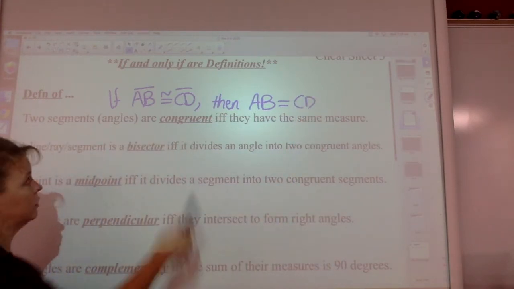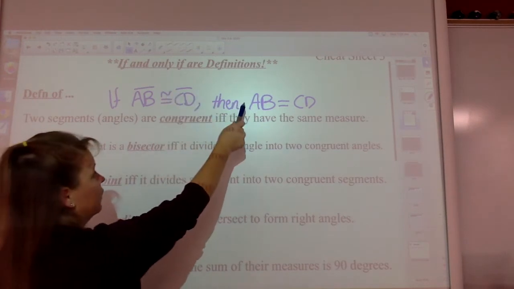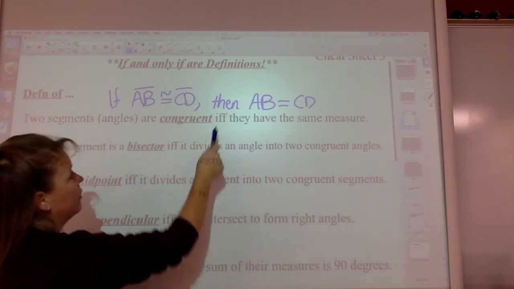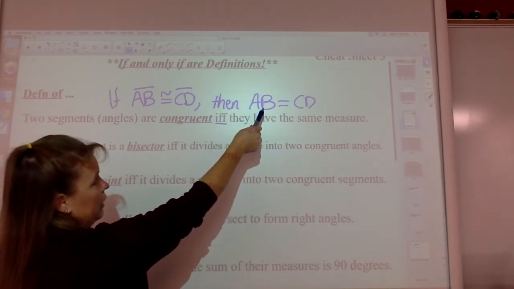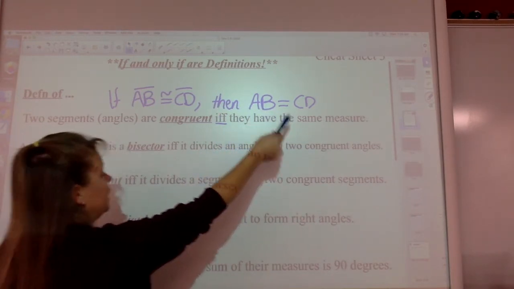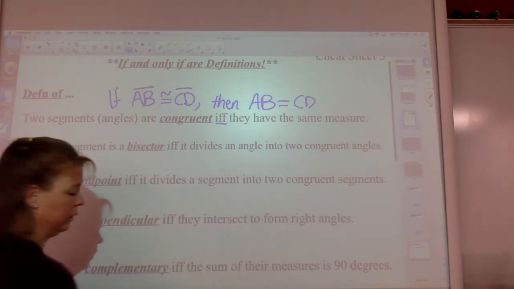Notice the notation. If you're talking objects, it's congruent. If you're talking measures, it's equals. And remember with if and only if, it could go the other way around. You could say if the measure of AB equals the measure of segment CD, then the two segments are congruent.